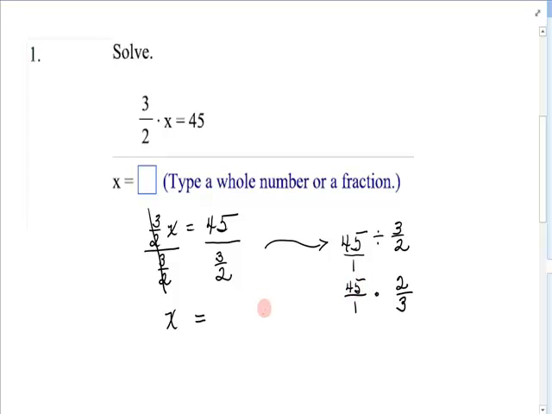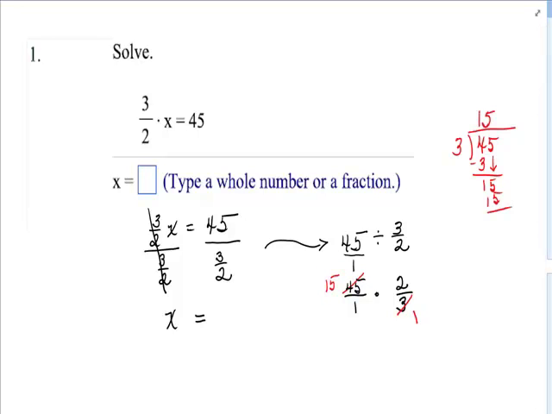So I'm going to take 45 and divide it by 3. 3 goes into 4 one time. Subtract, bring down the next number. 3 goes into 15 5 times. 5 times 3 is 15. All right. That means that 3 goes into itself once and 3 goes into 45 15 times.